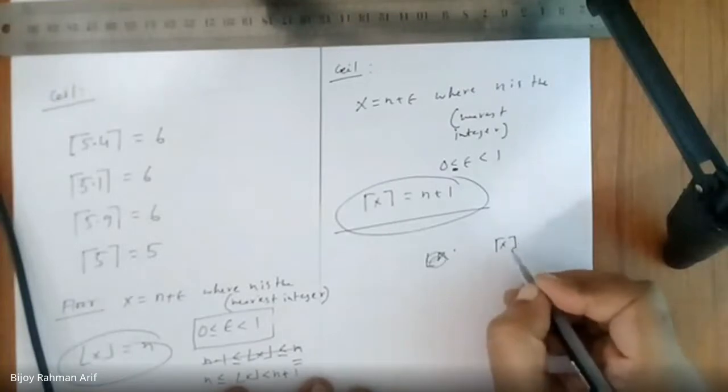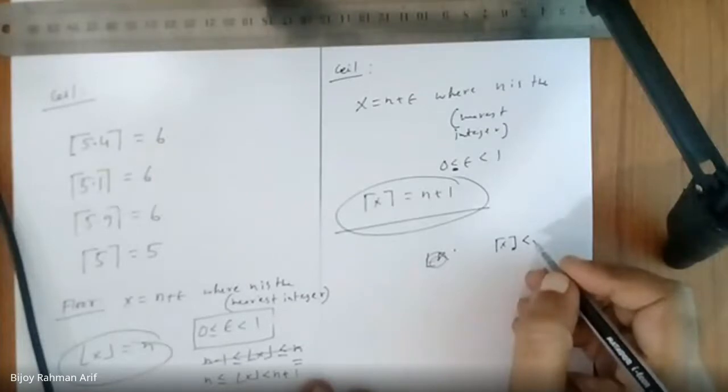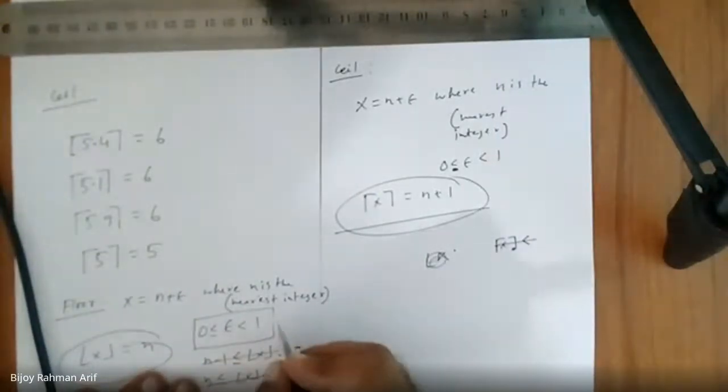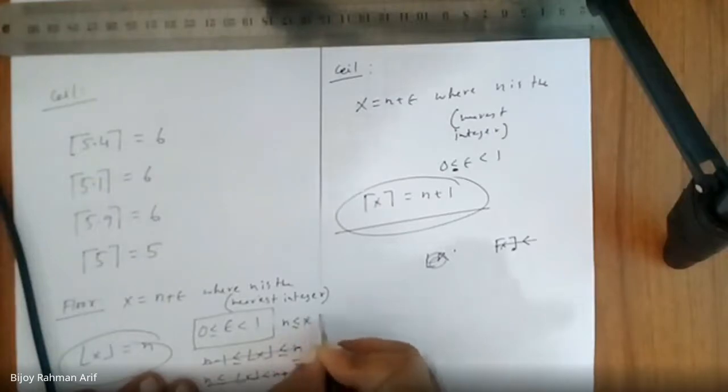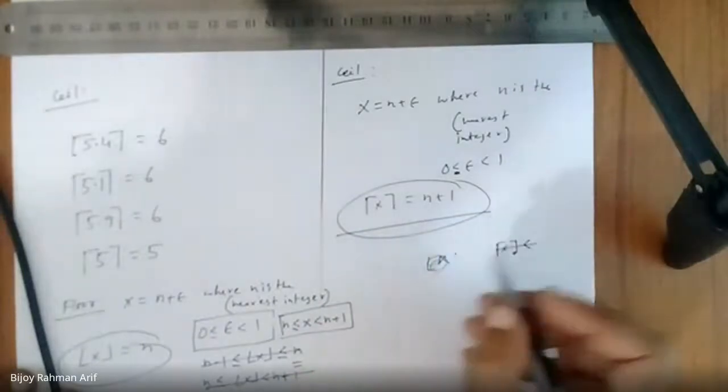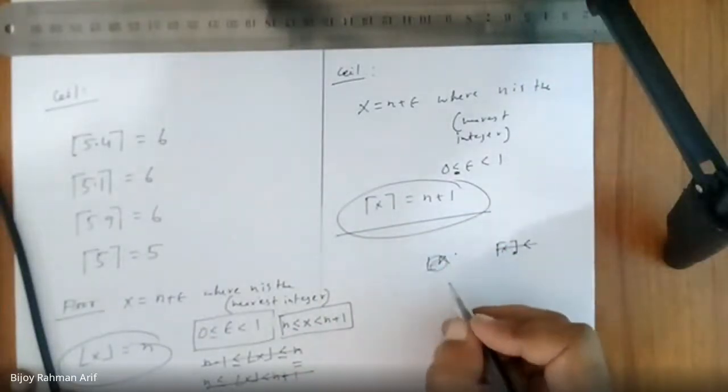In this case, the definition of nearest integer is like this. x should be smaller than n plus 1. Look at this one: x is between n and n plus 1, and in this case the nearest integer would be n plus 1.